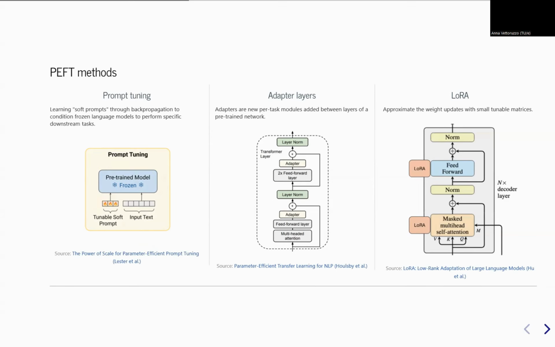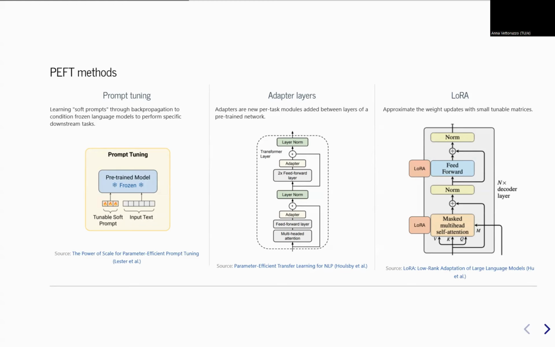Let's talk now about the different parameter-efficient fine-tuning methods that are out there. The most famous ones are prompt tuning, adapter layers, and LoRA. In prompt tuning, the main idea is that we want to learn some soft prompts through backpropagation that will condition the pre-trained language model to perform some specific tasks.